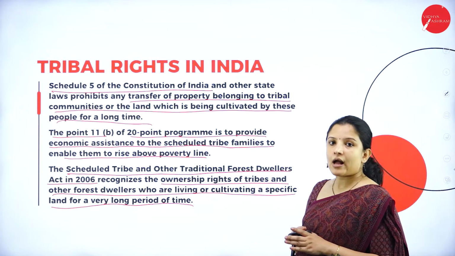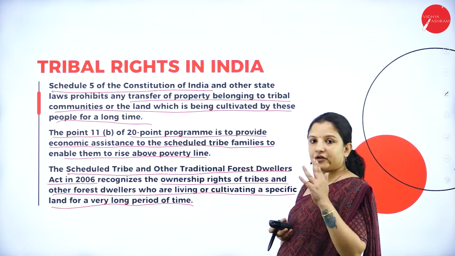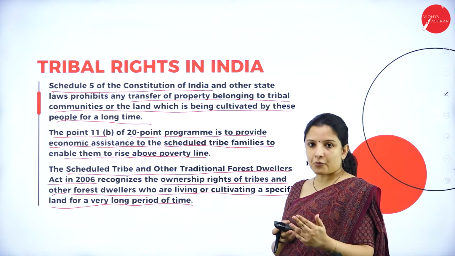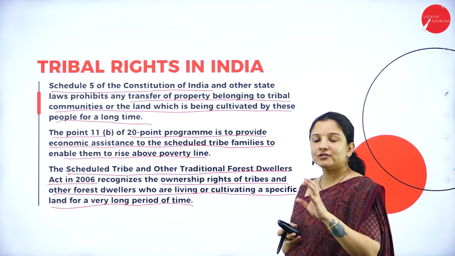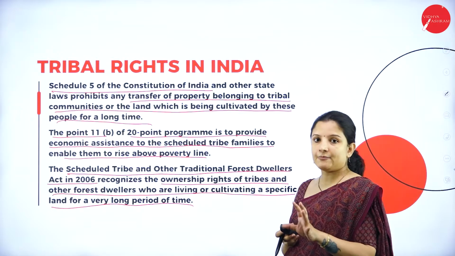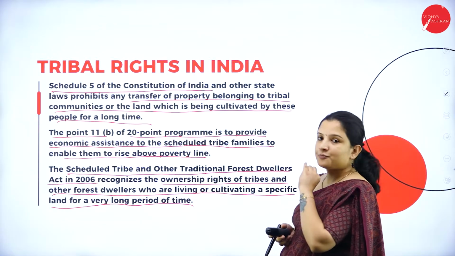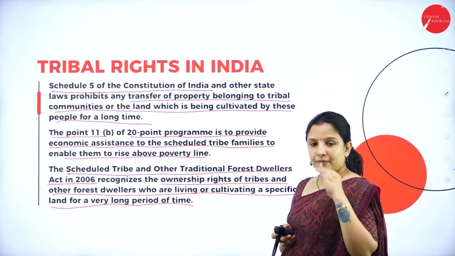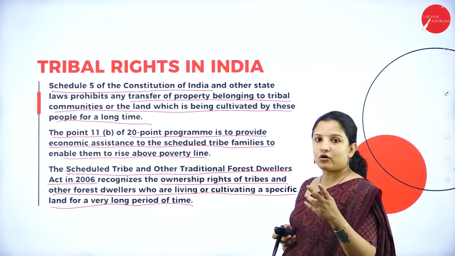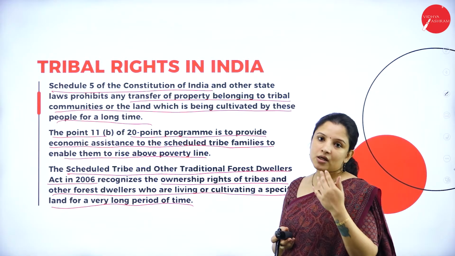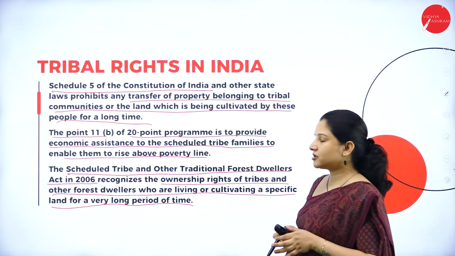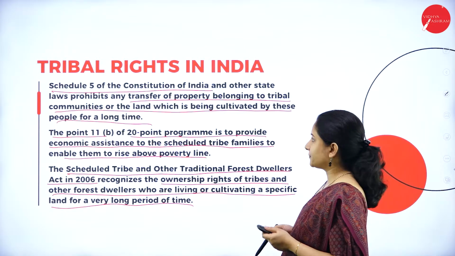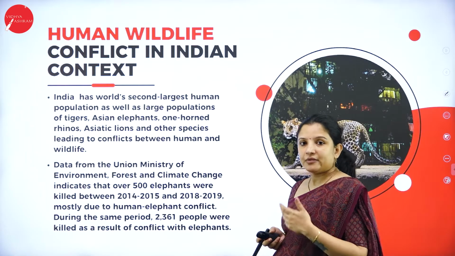So for those who have been depending on a specific piece of land or owning a property for a long time, separate rules and regulations have been framed so that these properties do not go from these tribal people into the wrong hands because of exploitation. So that act was nothing but the Scheduled Tribes and Other Traditional Forest Dwellers Act. So this was about the tribal rights.